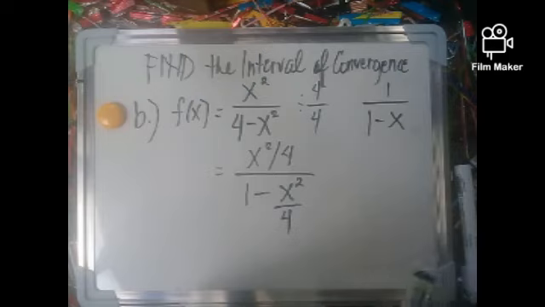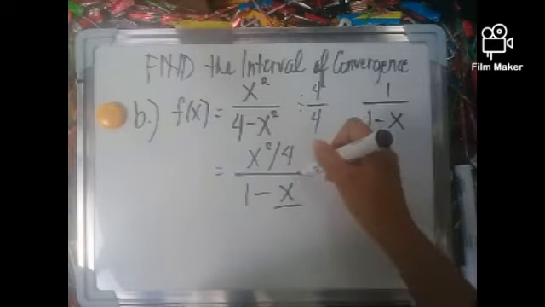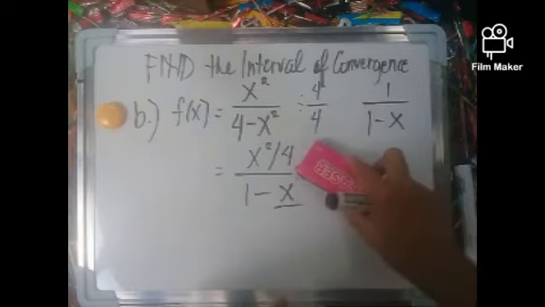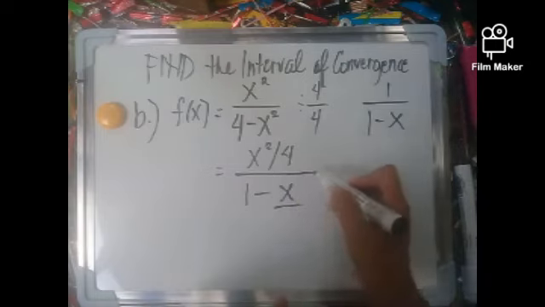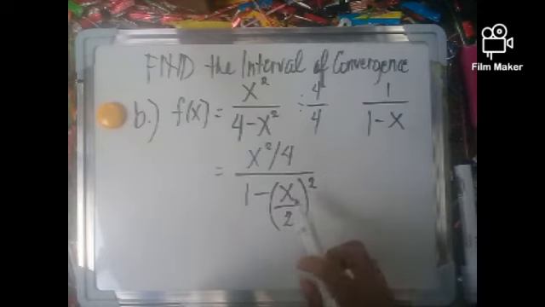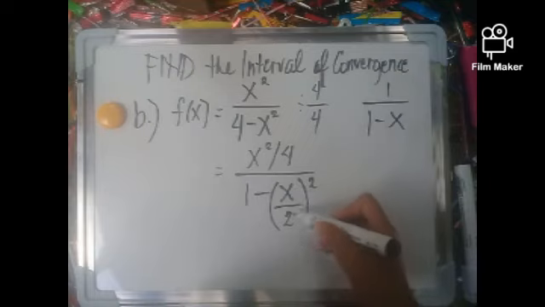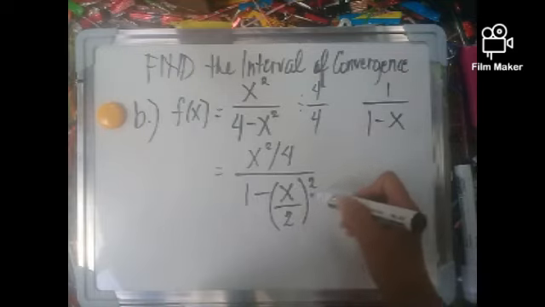And then, ito pwede pa nating i-simplify. So, we have, say, x over 2 raised to 2, since it will become x squared and then 2 times 2 raised to 2 is 4. So, similar value. Sinimplify lang natin. So, ang x natin dito ay x over 2 raised to 2.